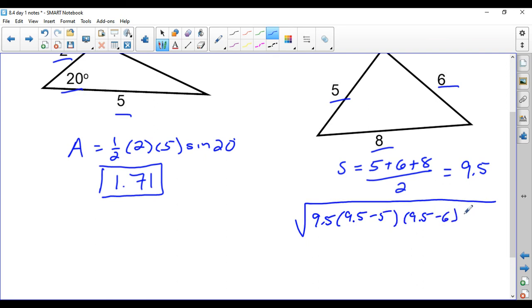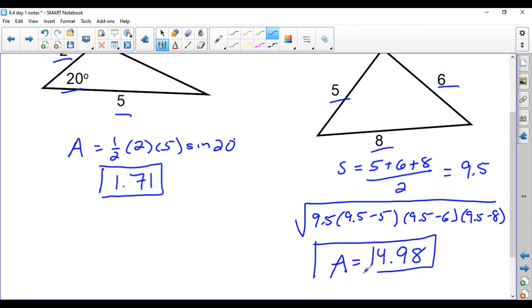So 9.5 times 9.5 minus 6 plus 9.5 minus 8. And I multiply those all together and take the square root. Don't forget to take the square root. And I get that the area of this triangle is about 14.98.